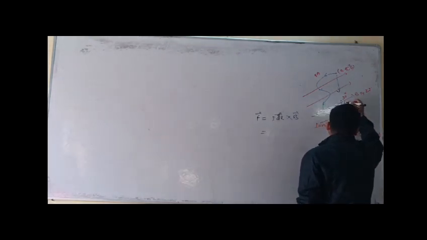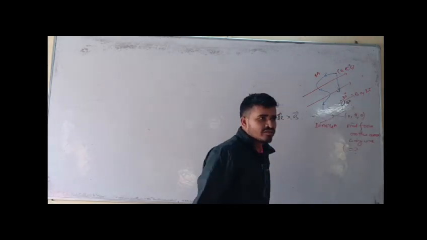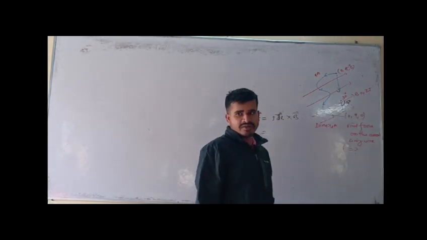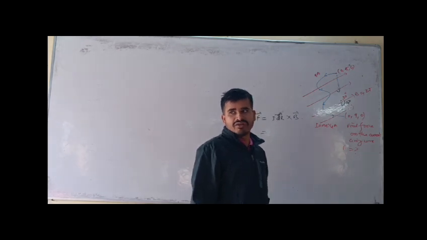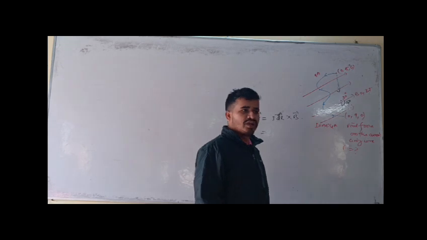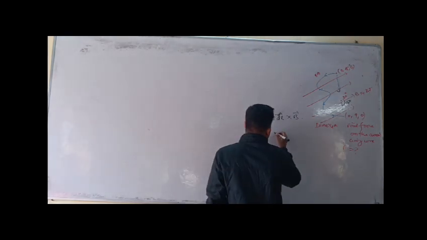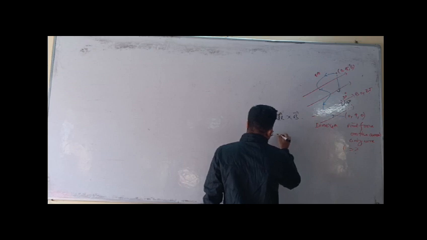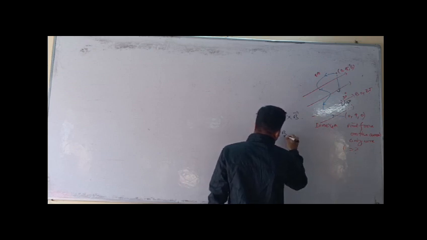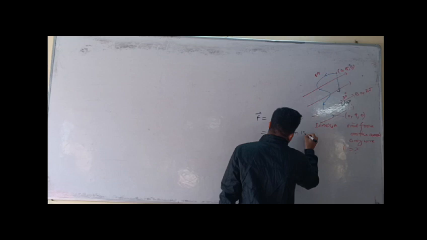What is the angle between them? 150, yes or no? I already told you, always choose the angle between two incoming or two outgoing rays. Now it will be I L B sin 150.